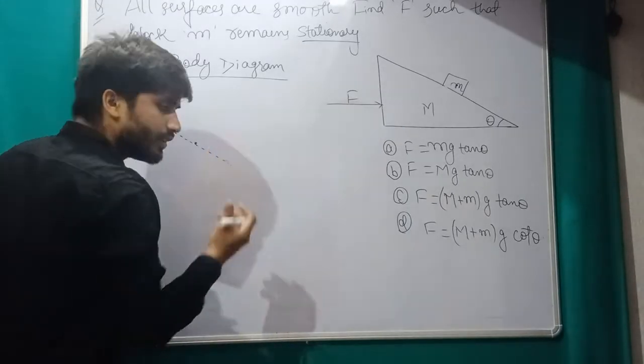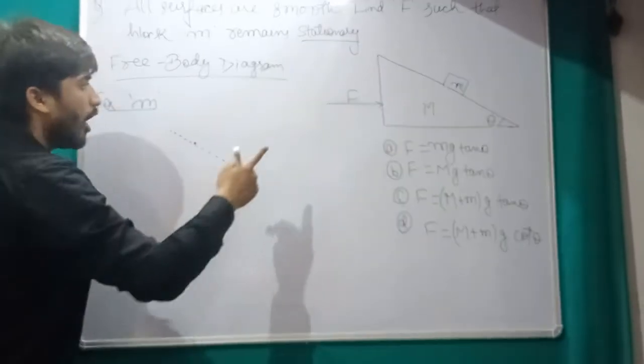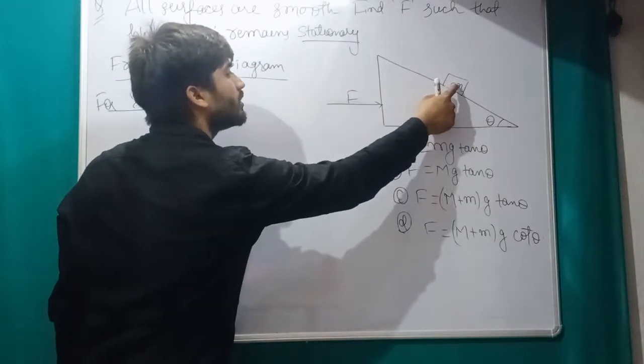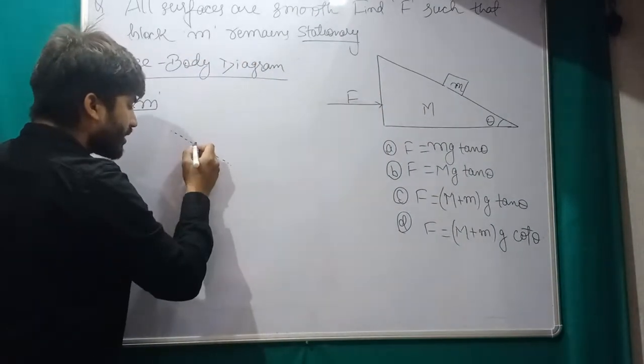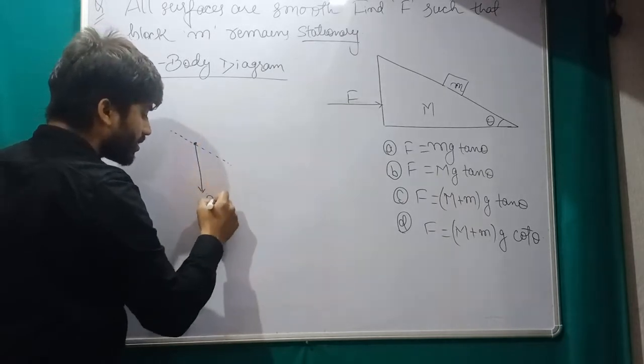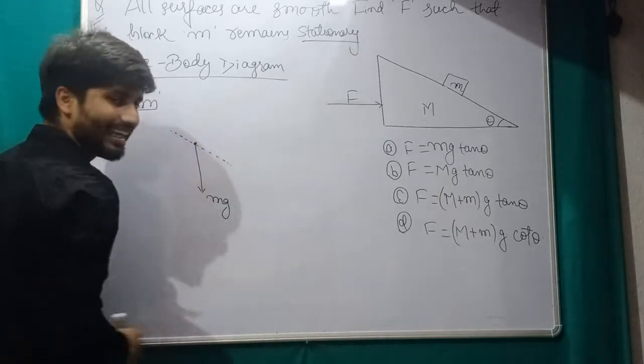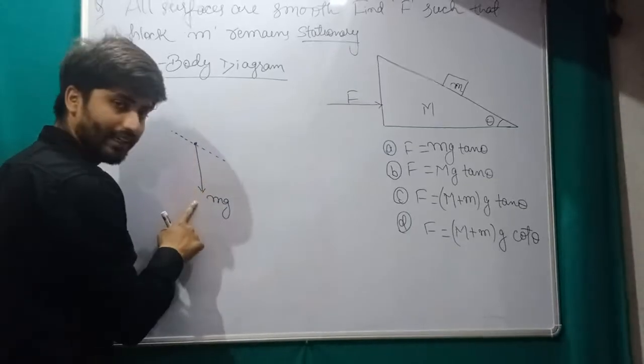So how many forces are acting on this small m? Primarily there is gravity, which always acts downward, so gravity is acting downward.